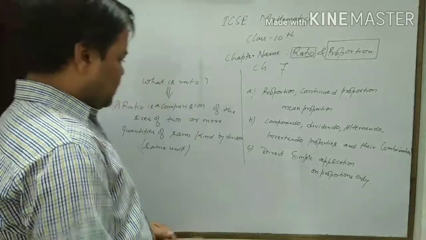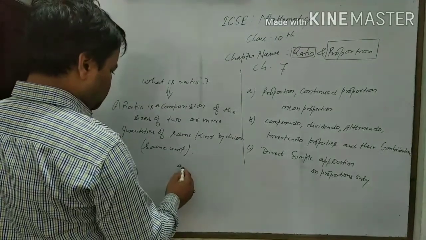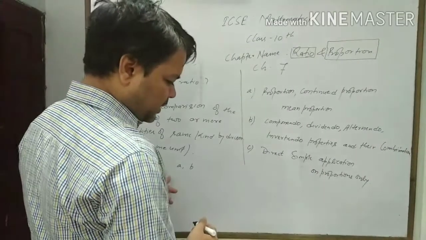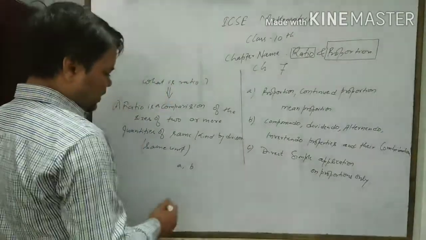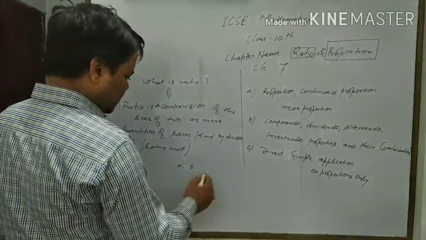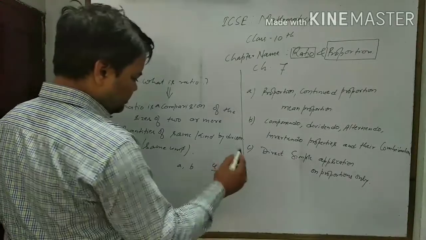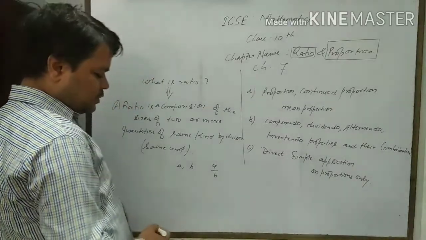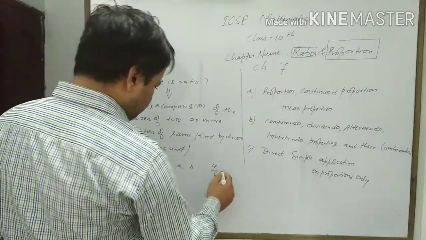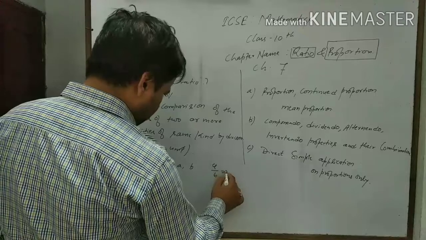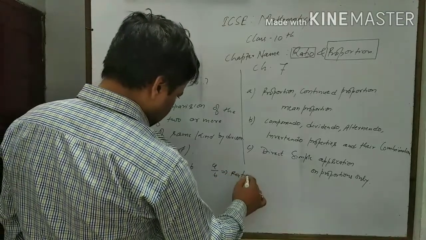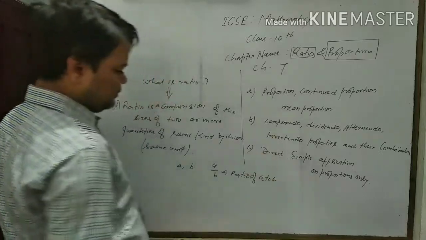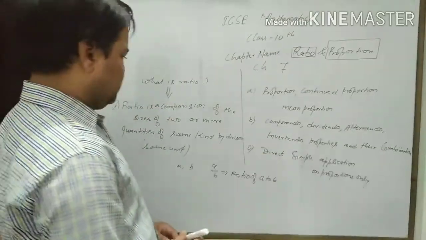If we have two quantities A and B, then the fraction A by B is called the ratio of A to B.